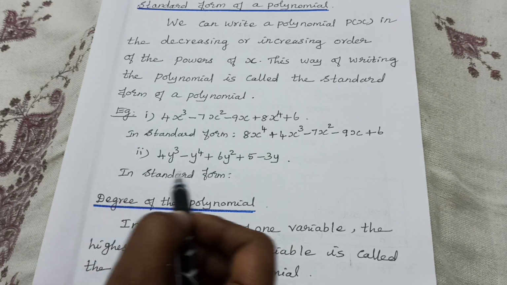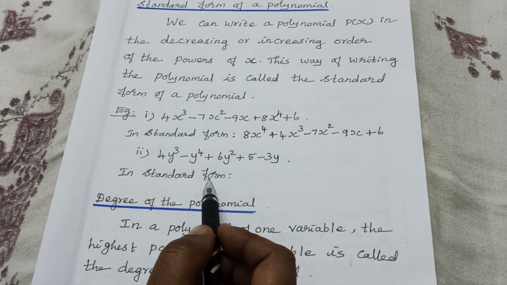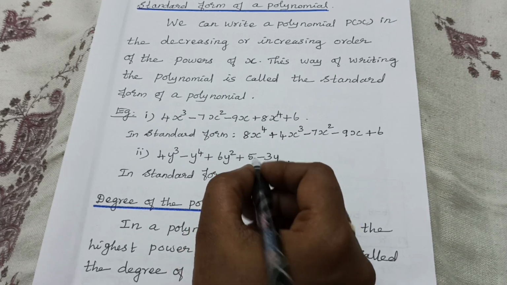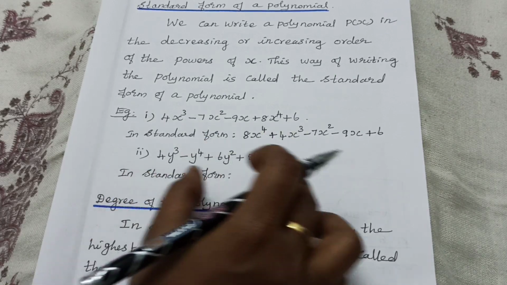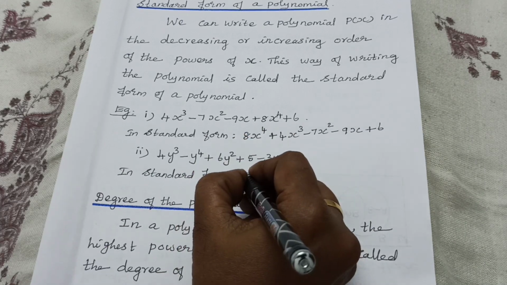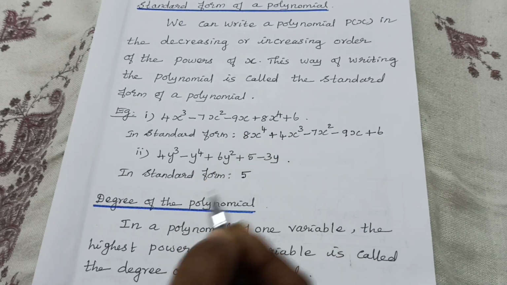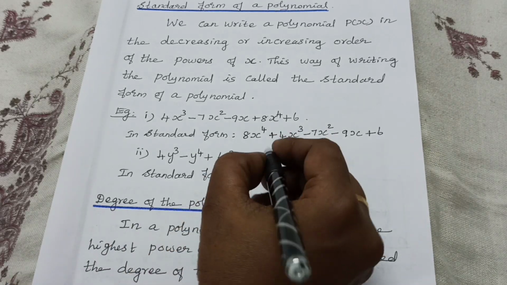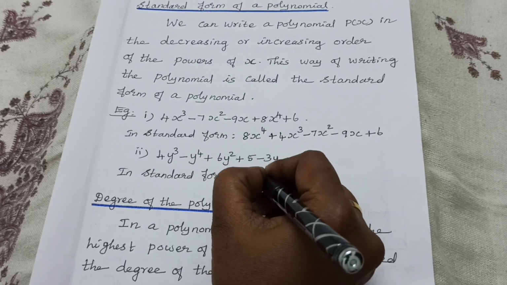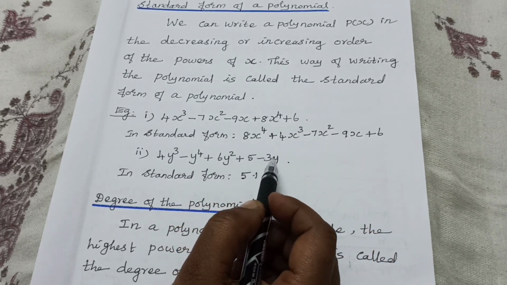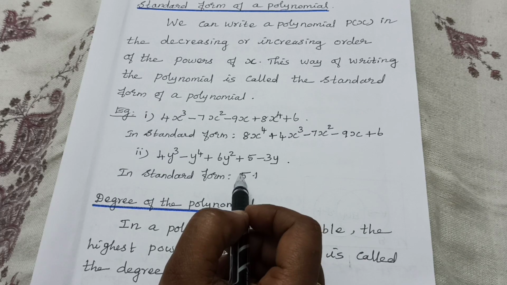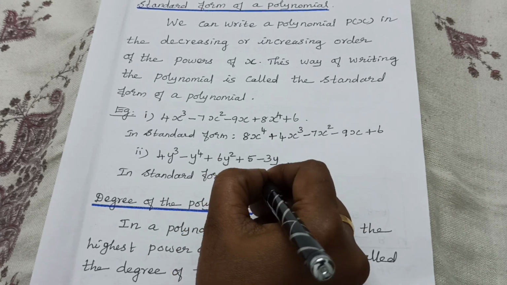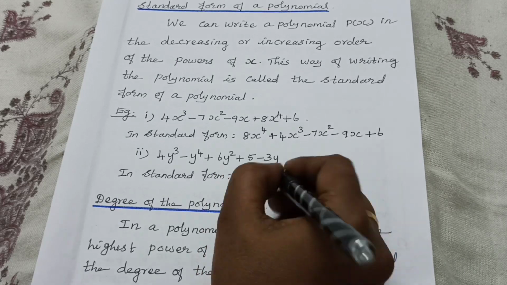But our question is to write this in standard form. Shall we write it in increasing order of the power of y? Then we have to arrange it. Now I am arranging in increasing order. First I wrote the constant, 5, then afterwards y power 1, so we have to write minus 3y.